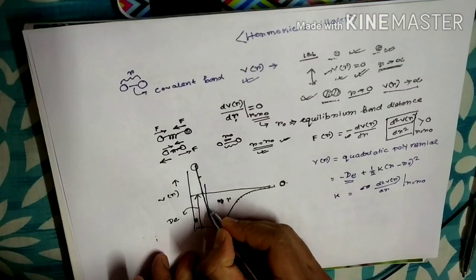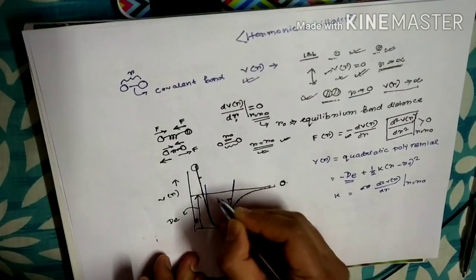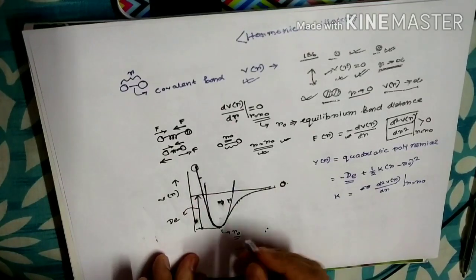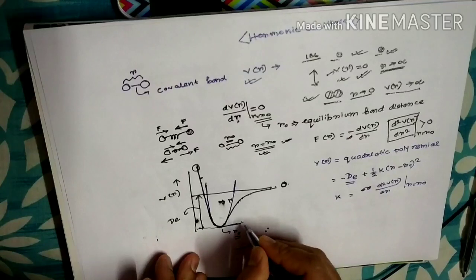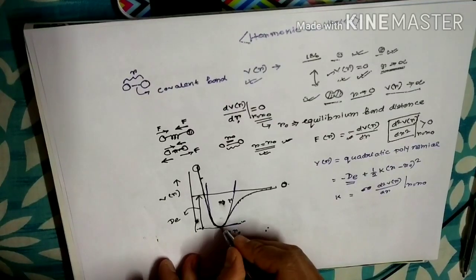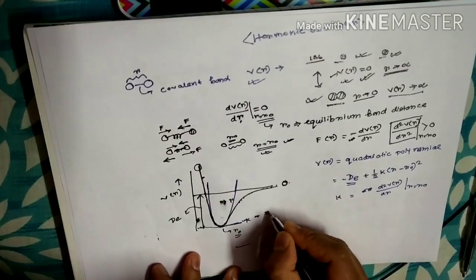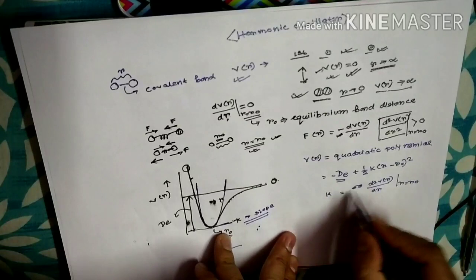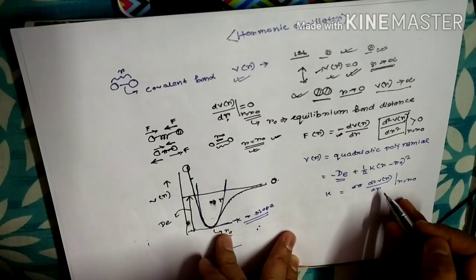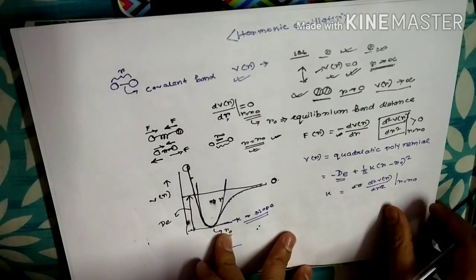It is nothing but a parabola, and k is basically the slope at the minima position. So this is the expression of k: the second derivative of the potential with respect to r at r equal to r0.